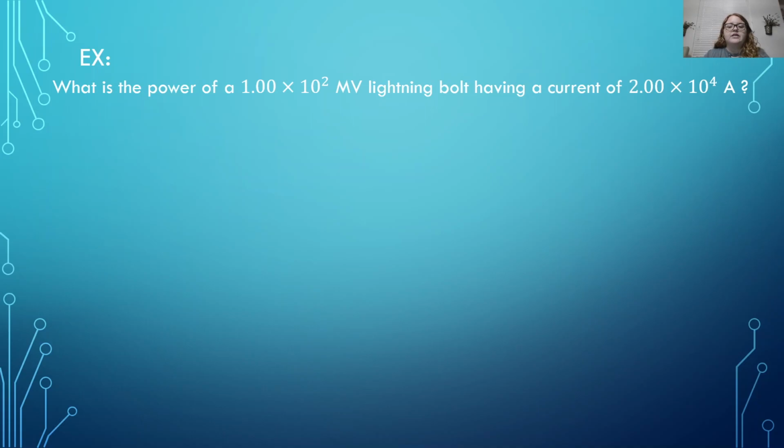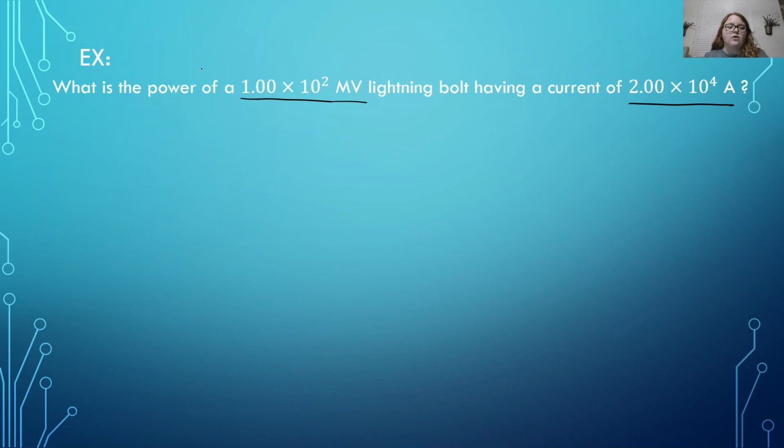Okay, so here is an example, and my examples from now on are examples that you will see on the homework assignments. This one says, what is the power of a 1 times 10 to the second megavolt lightning bolt having a current of 2 times 10 to the fourth amps?